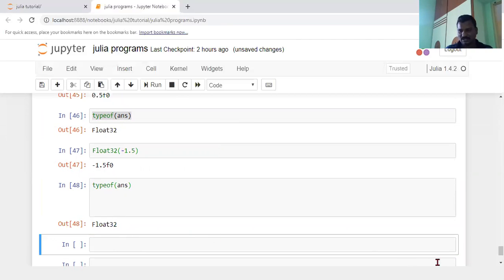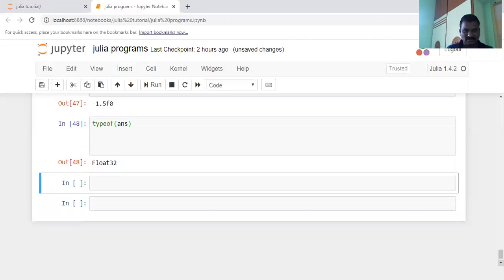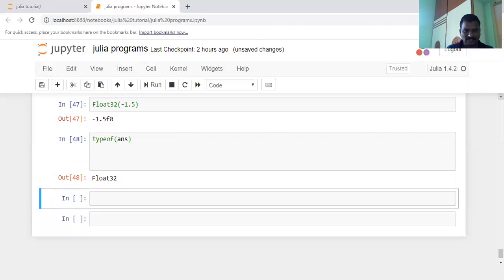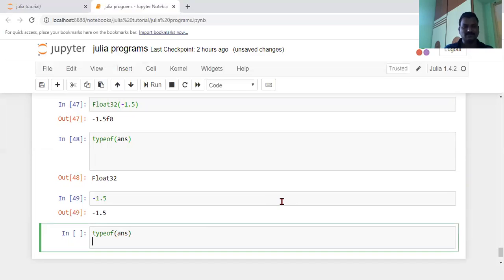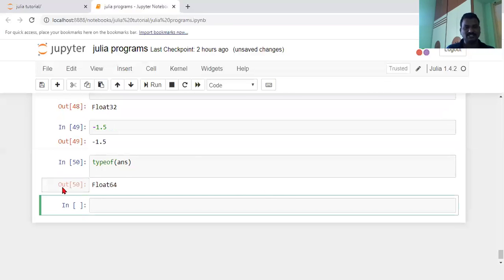For example, if I write like this, what is the value here? For example, minus 1.5. 1.5 is one type of system. What is the answer in this case? The answer is 64 bit. The type of the answer here is 64.